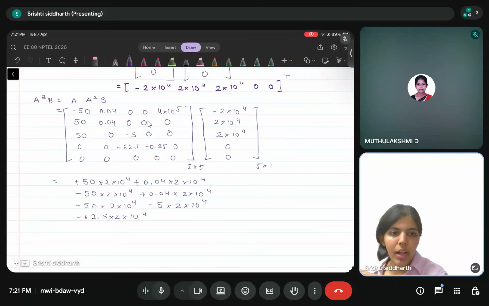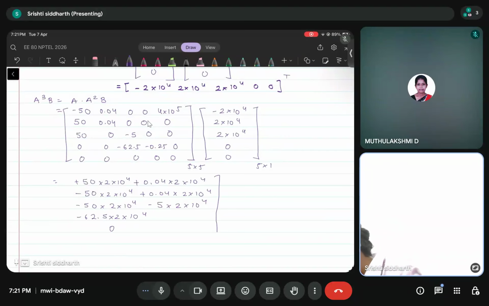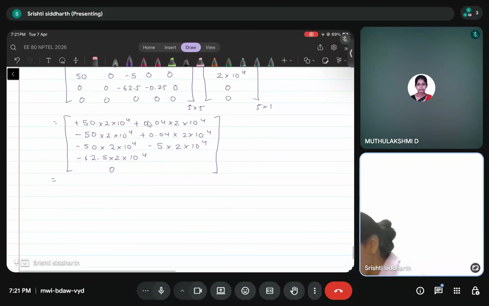Let me know if there are any calculation issues. Okay, so the first is 10 into 10 to the power 5, right? So it's 10 to the power 6.